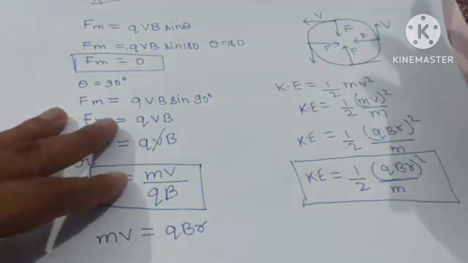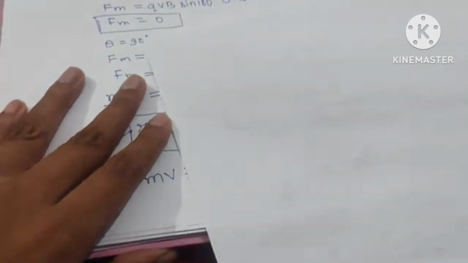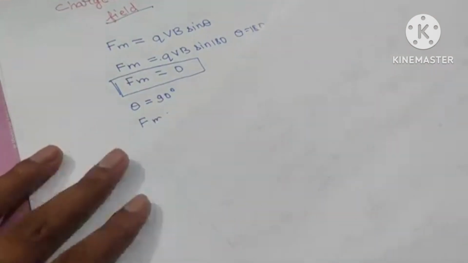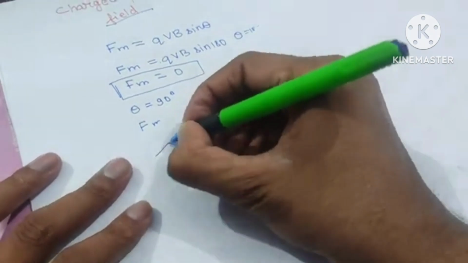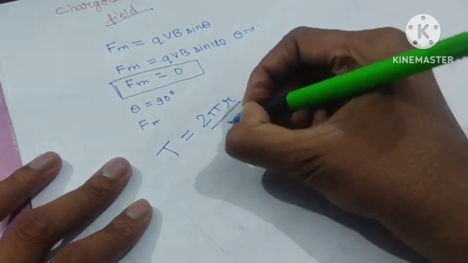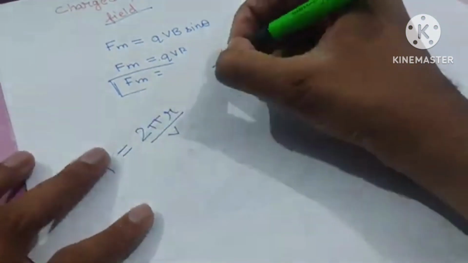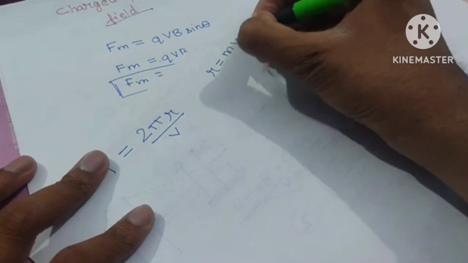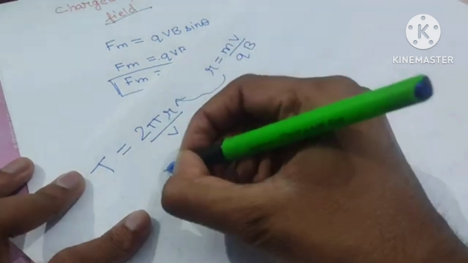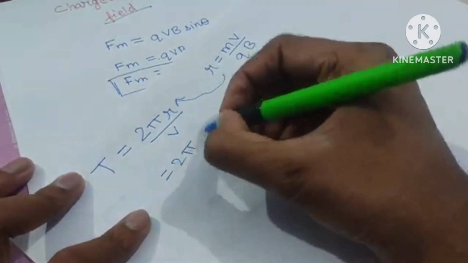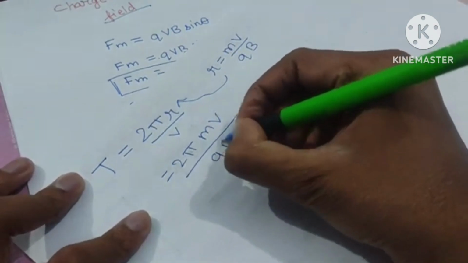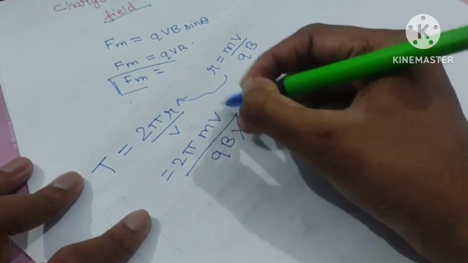Now we're moving to find the time period. So what is the time period here? T equals 2πr by v. From here we know r is equal to mv by qB. So put the r value here, and you will get 2π mv by qB. v will get cancelled.